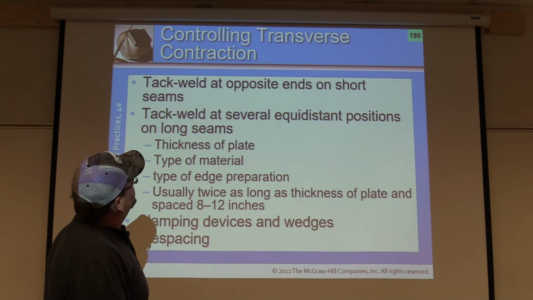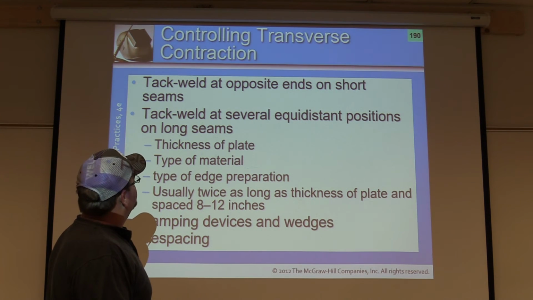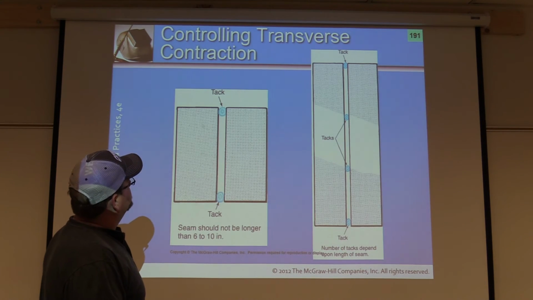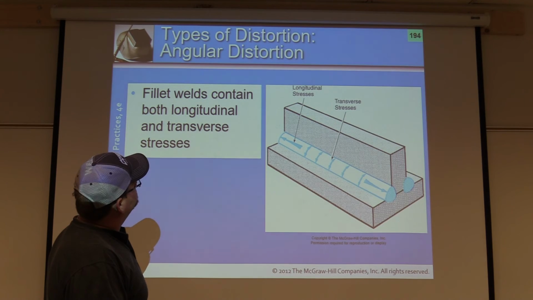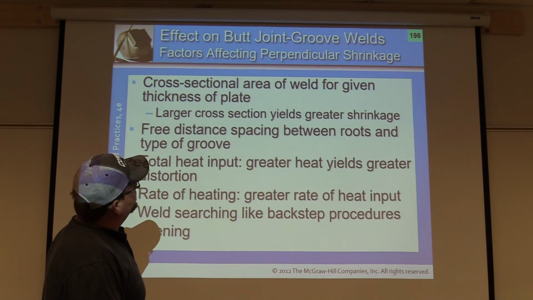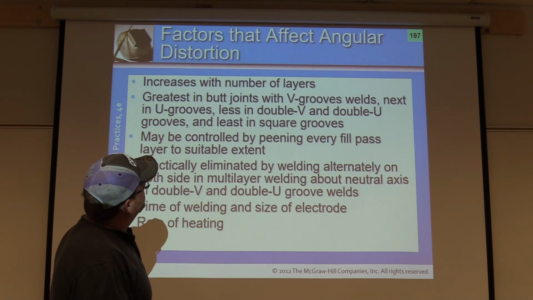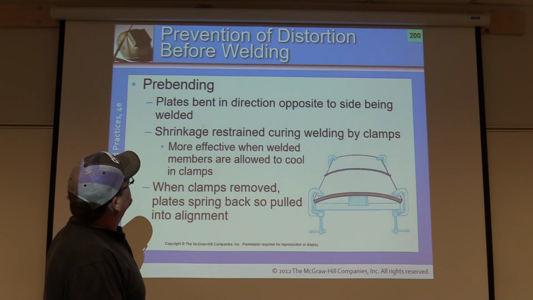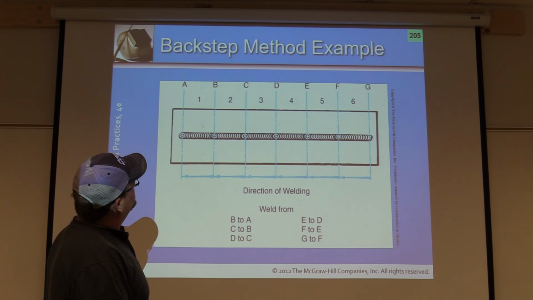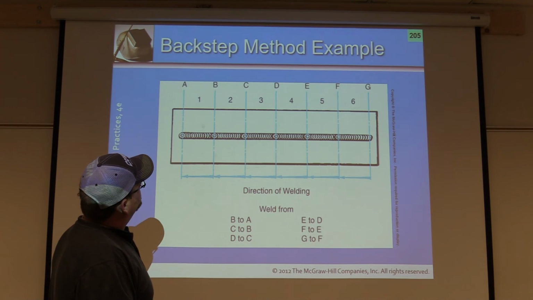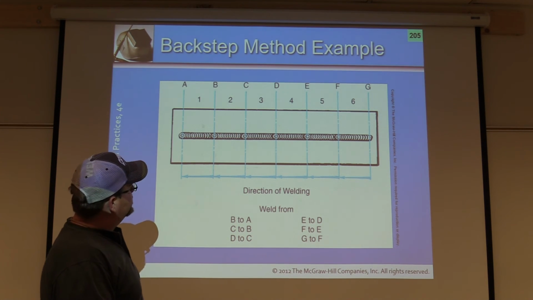We've talked a lot about transverse contractions, tack welds, other things. Feel free to look through this PowerPoint slide and ask any questions. But at this point, I do want to talk about this.